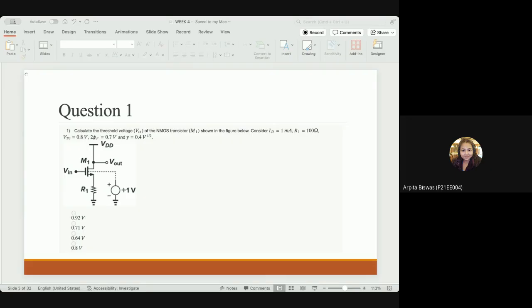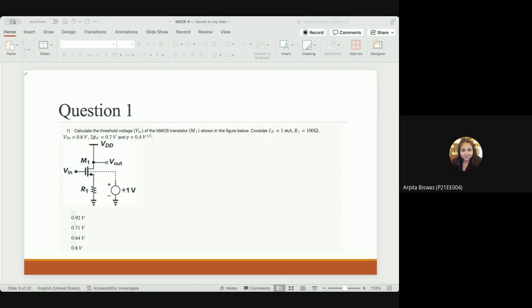Then just put all this value, like twice of phi f value is given, minus what is the value of VSB? At first, tell me the value of VSB. Because root over twice of phi f plus VSB, or mod of VSB you can take.